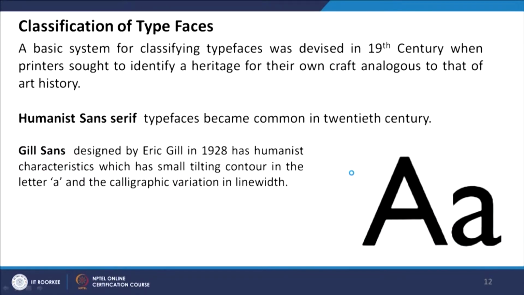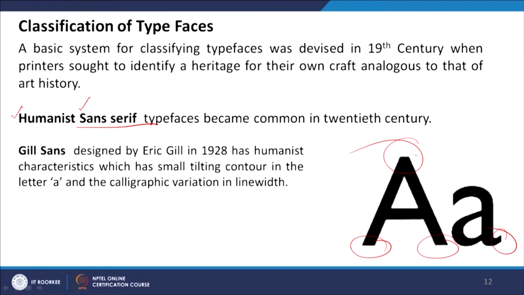Now another kind of style, we are right now coming to sans serif. So this looks more modern and more contemporary. There are no serif ends at the end. So this is a humanist sans serif, so it has a humanist touch in the sans serif.